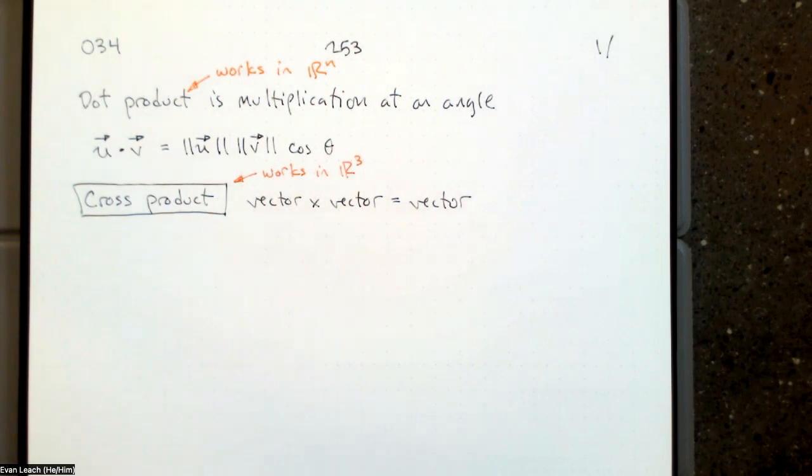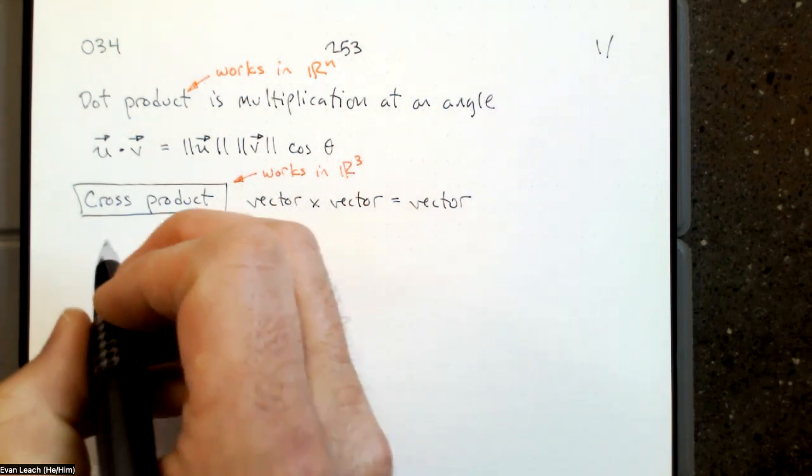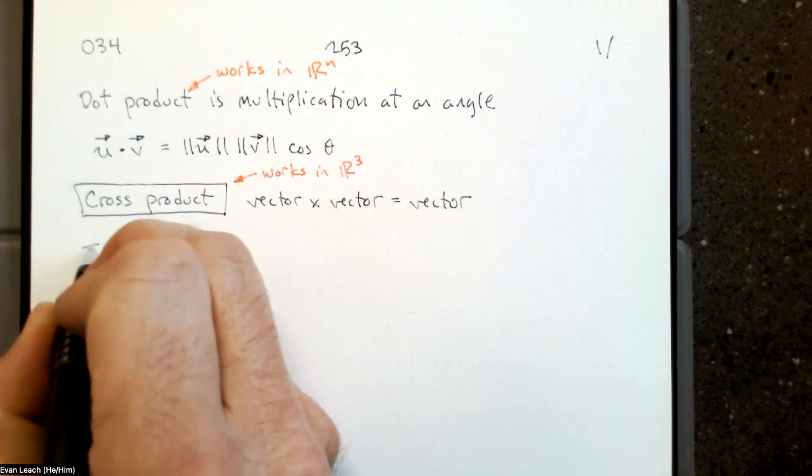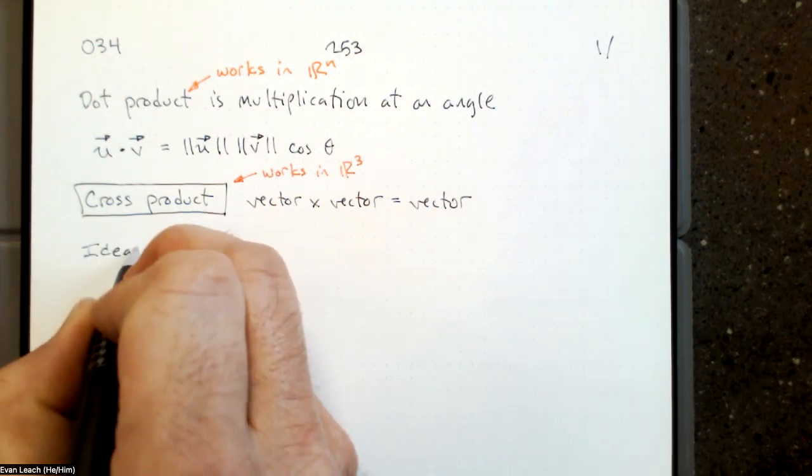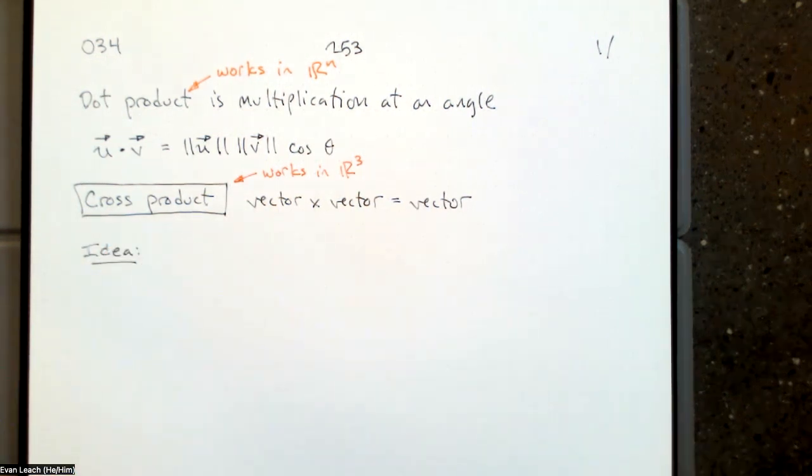Let's talk about the big idea of the cross product. The big idea is that the cross product is a vector perpendicular to both of the factor vectors.